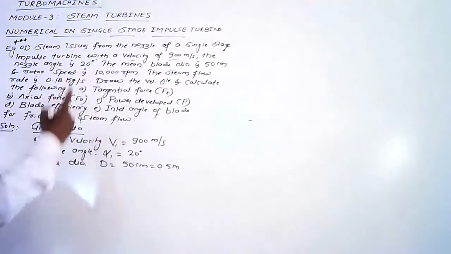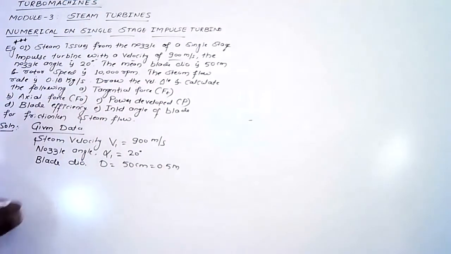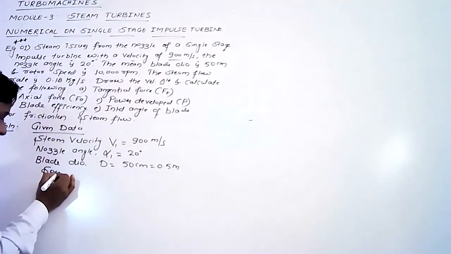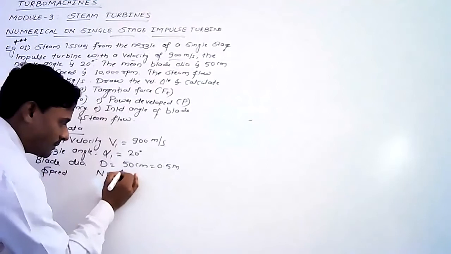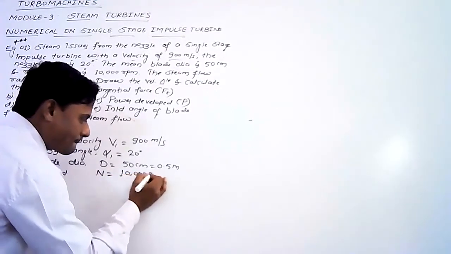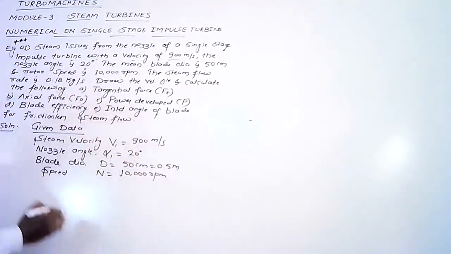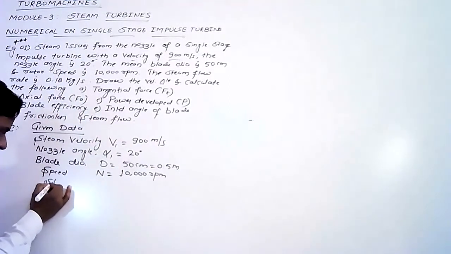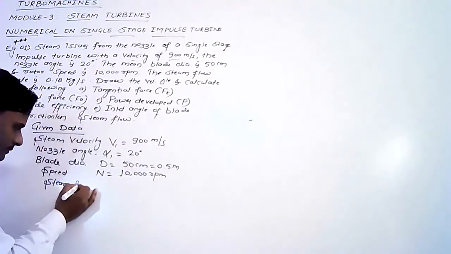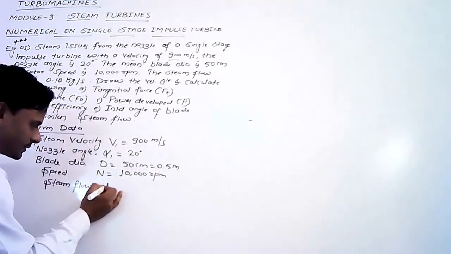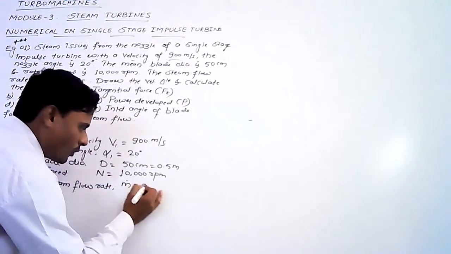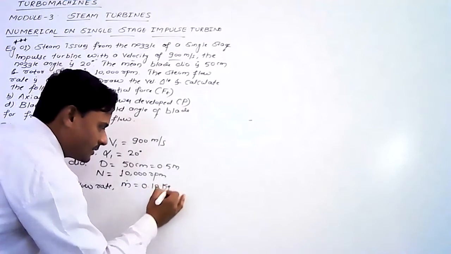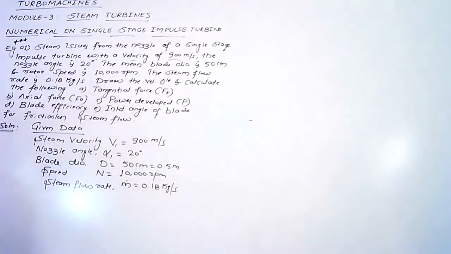Now the rotor speed is 10,000 rpm, represented by N equals 10,000 rpm. Next, the steam flow rate is represented by m dot, which is 0.18 kg per second.